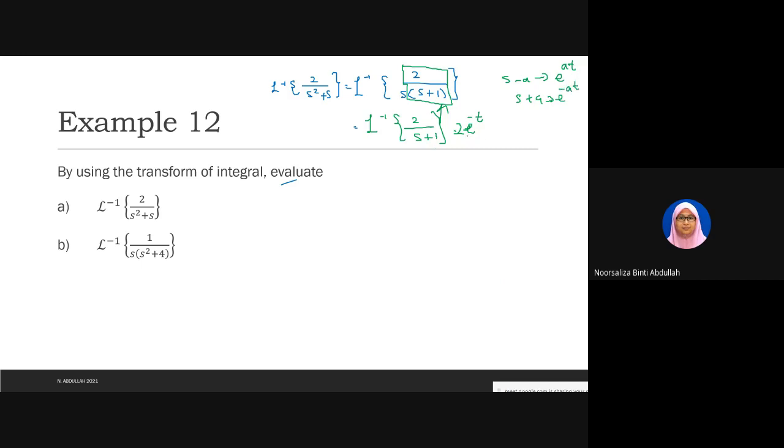So this one will be 2 exponent minus T. Okay, so you get this.